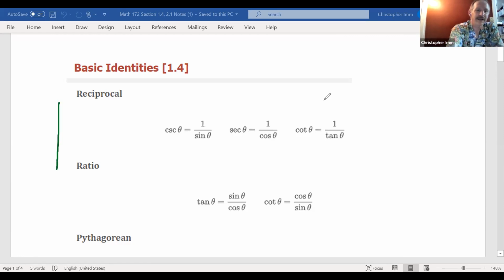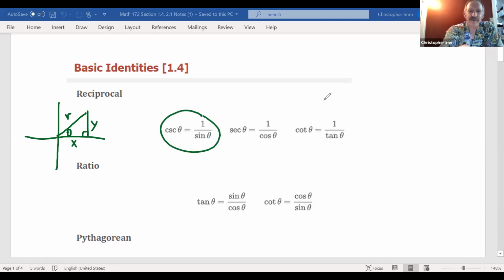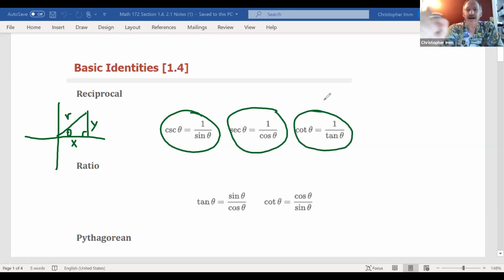So essentially, this is what we're looking at. We're looking at theta here, and our sides being maybe X, Y, and R. So the reciprocal identities, we already talked about. If we have sine, cosine, and tangent, then if we take the reciprocals of sine, cosine, and tangent, we get cosecant, secant, and cotangent respectively.